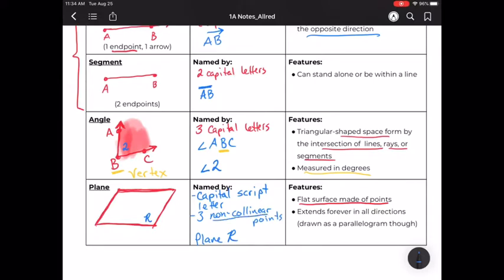And I'm going to explain what the phrase non-collinear means in just a minute. But 3 points that are not lined up in a straight line. Kind of like 3 points in an angle. Even if the segments are not drawn, instead of calling it plane R, I can call it plane A, B, C. And it doesn't matter what order you write those letters in. Okay?